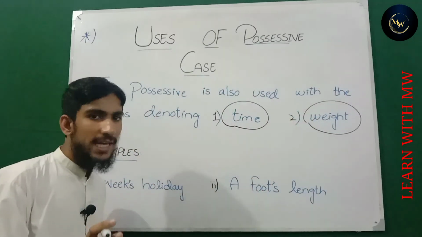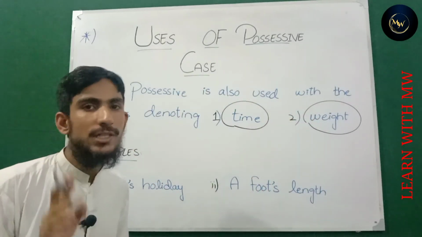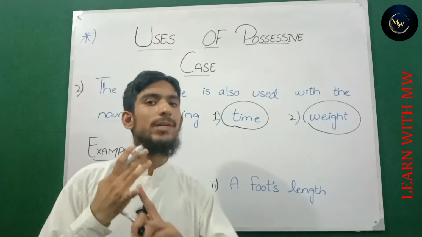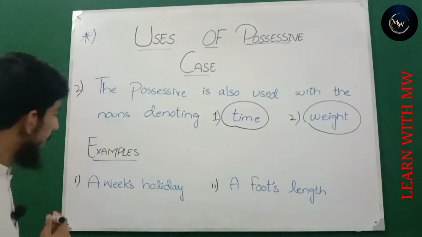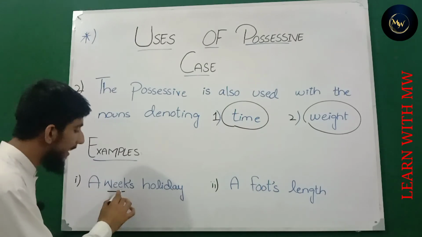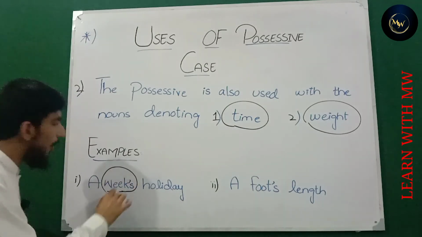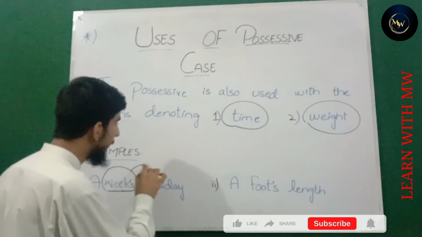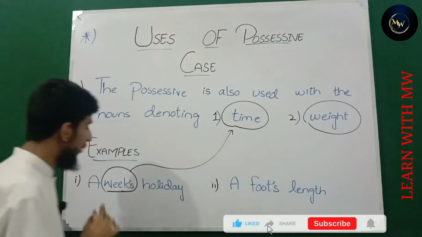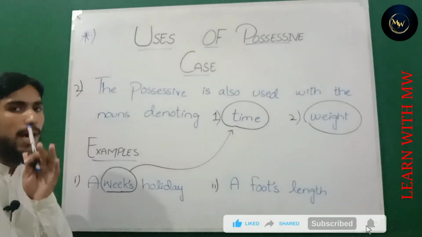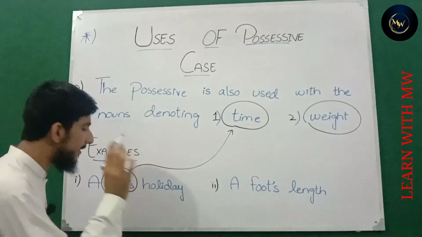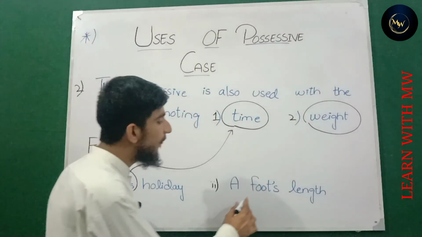Again, the possessive case is used with two kinds of nouns: the noun denoting time and the noun denoting weight. For example, a week's holiday. Week is a noun and it denotes time, so we use apostrophe s, which is the possessive case. So, a week's holiday. Similarly, a foot's length.